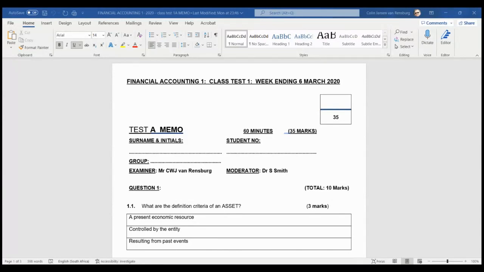So, ladies and gents, let's just briefly go through what you can expect typically in a test. Now, the first question really is all about the conceptual framework, the definitions, the definition criteria, as they call it, the recognition criteria, and so on. Right. So, let us just briefly go through it.